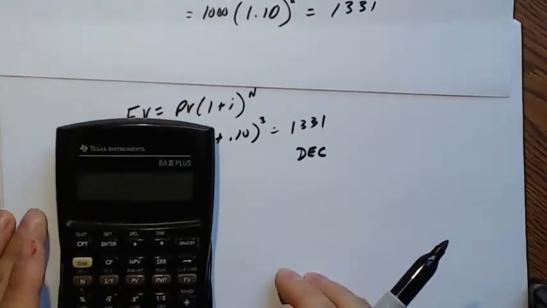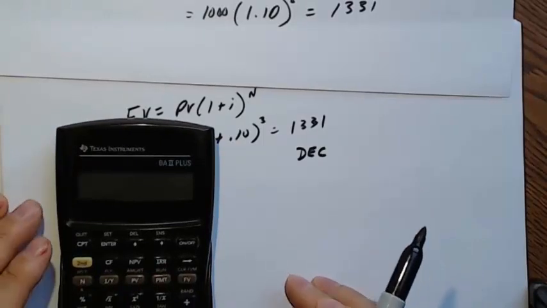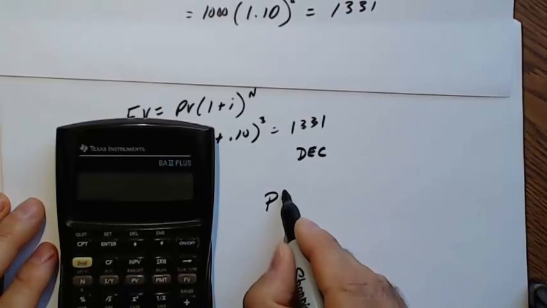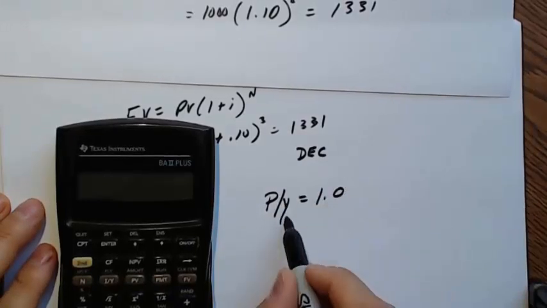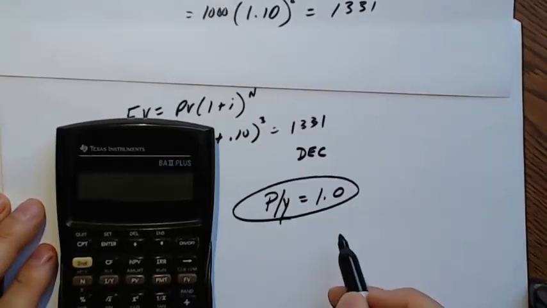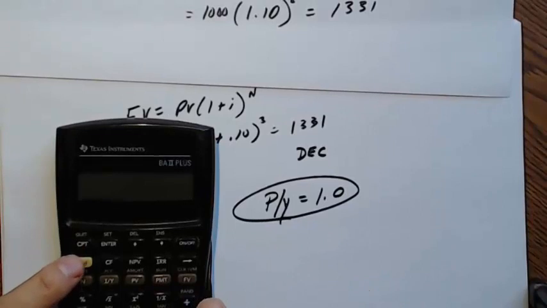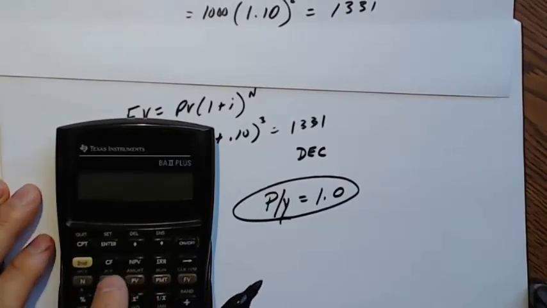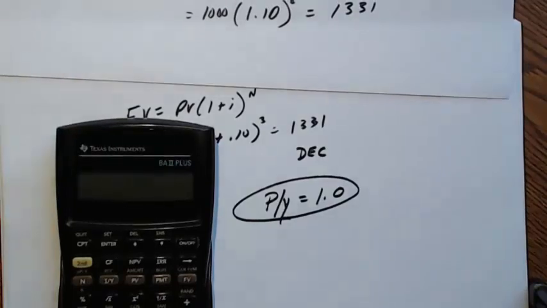One other thing: if your calculator came right out of the package and you haven't used it before, you want to make sure the payments per year, P/Y, is equal to 1 in our calculations. The way to do that is you hit second, the yellow button, and then P/Y.